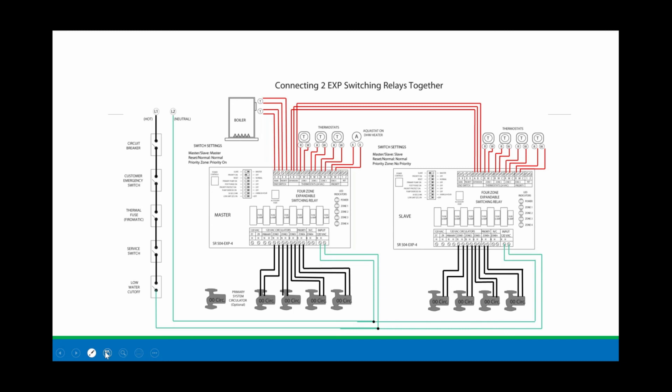Okay? I mean, can't make this any easier. And you have the ability to expand these out to 120 zones. So you do have the ability to take on some pretty big projects and wire it up pretty simple, pretty easy. Okay? And then we give the priority pump if you need to wire it to the panel.